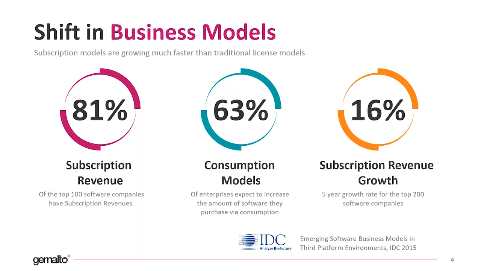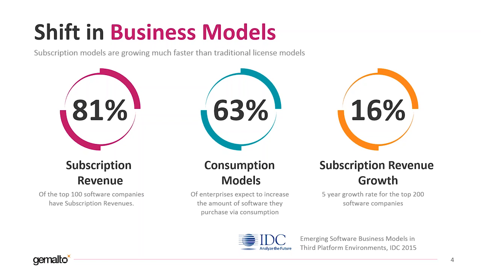Whether that was high or low is not the point here, but 81% of them had some level of subscription revenue. And when we looked at all enterprises who buy and consume software, 63% said they plan to purchase and consume software based on some time.